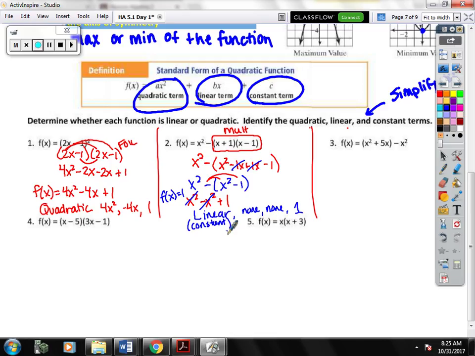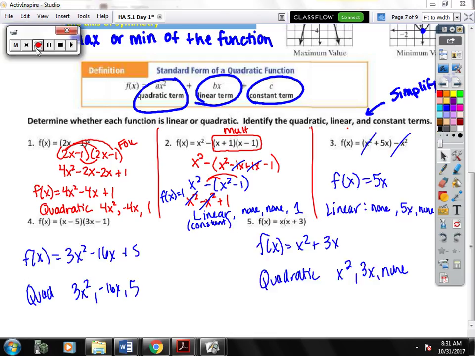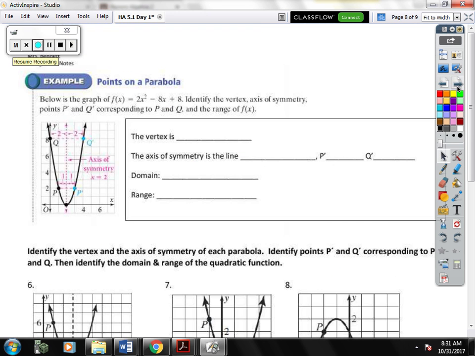Simplifying and identifying if it's linear. All right, so below they give you the graph of f of x equals 2x squared minus 8x plus 8. We're asked to identify the vertex, the axis of symmetry, and then it says P and Q, and it looks like there's a little apostrophe or a little exponent. That's P prime and Q prime.